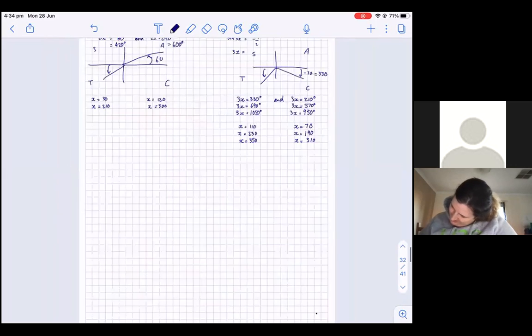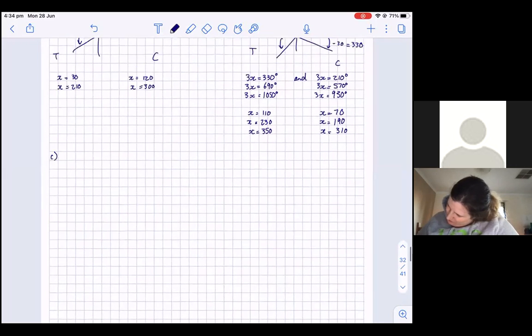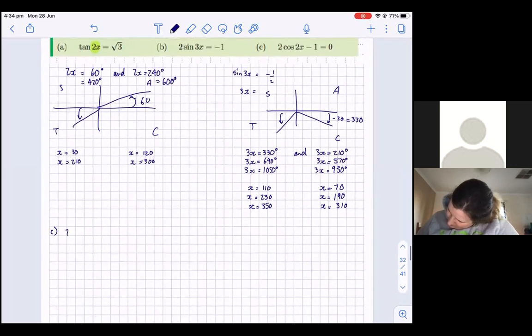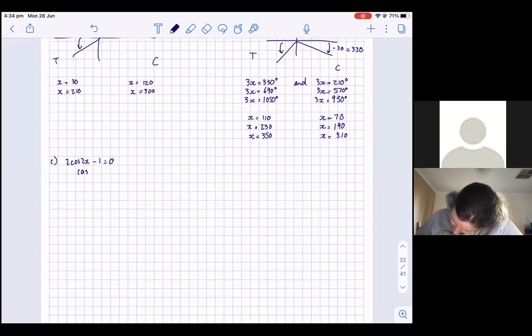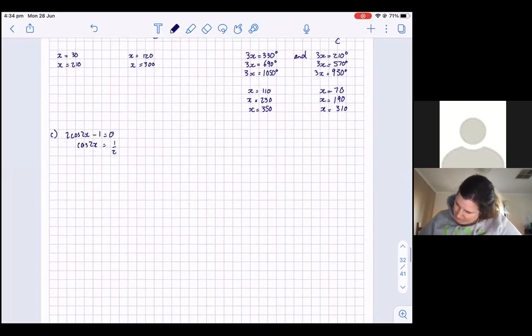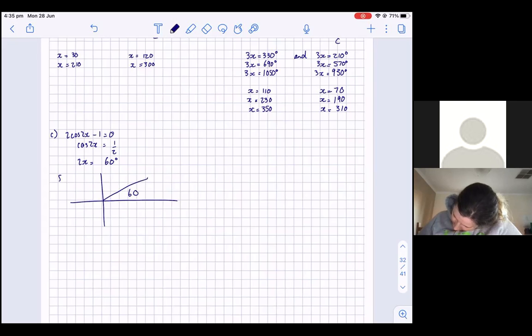And question C was 2 cos 2x take 1 equals 0. So we've got 2 cos 2x equals positive 1/2, which means 2x equals 60 degrees is our base one, which means 300 degrees is our other one.